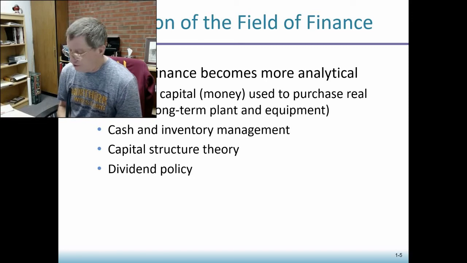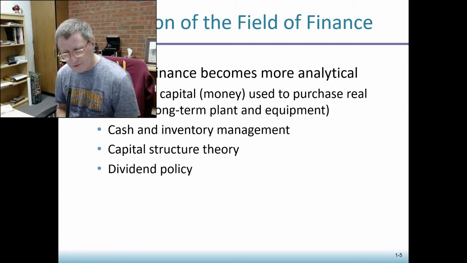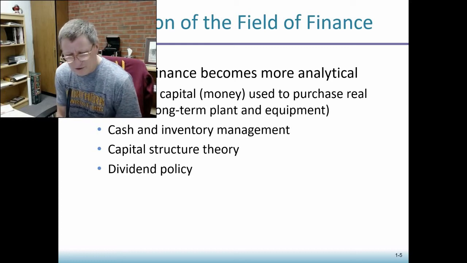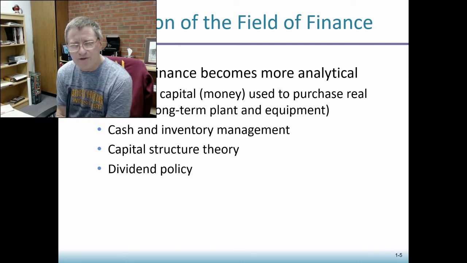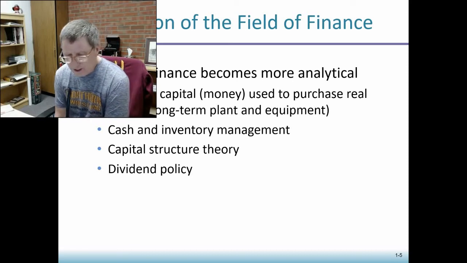And we got into cash and inventory management. Just-in-time inventory became a real deal. We're finding out now with the current supply chain crisis that maybe just-in-time inventory also has its limitations. Capital structure theory gets into should we finance our activities more with equity or more with debt?